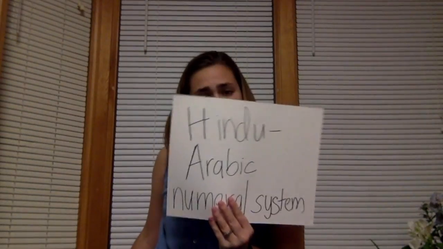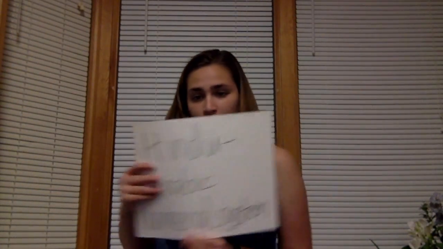So, the Hindu-Arabic numeral system is an example of 1, 2, 3, 4, 5, 6, 7, 8, 9, 10. Let's talk about what a number is. A number specifies quantity.